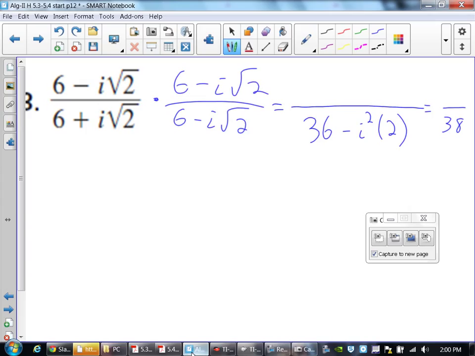The numerator, 36 minus 6i root 2 minus 6i root 2 plus i squared times 2. Just straight foiling out.